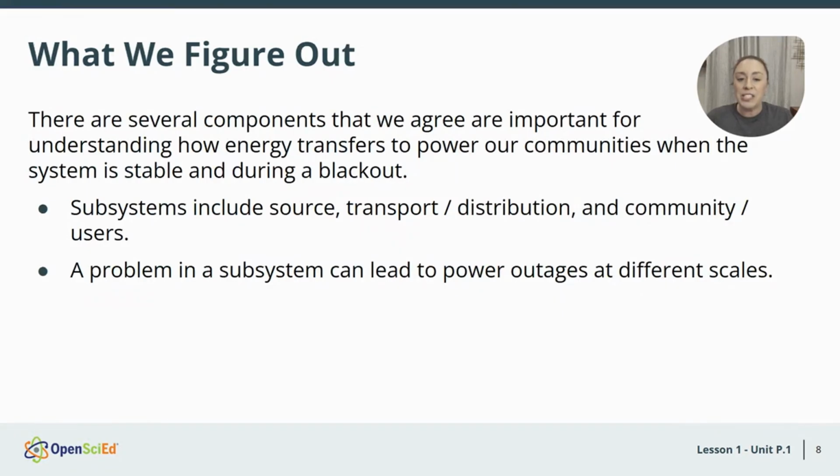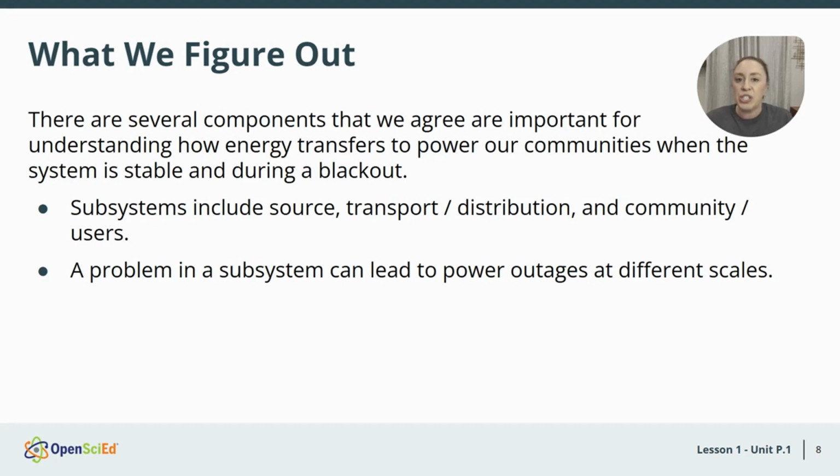So throughout this process here in Lesson 1 of our P1 unit, students figure out that there are several things that we as a class agree are important if we're going to understand how energy transfers. And in the case of Texas, how energy did not transfer the way it was supposed to. And through that, we identify these components, we name them as subsystems.